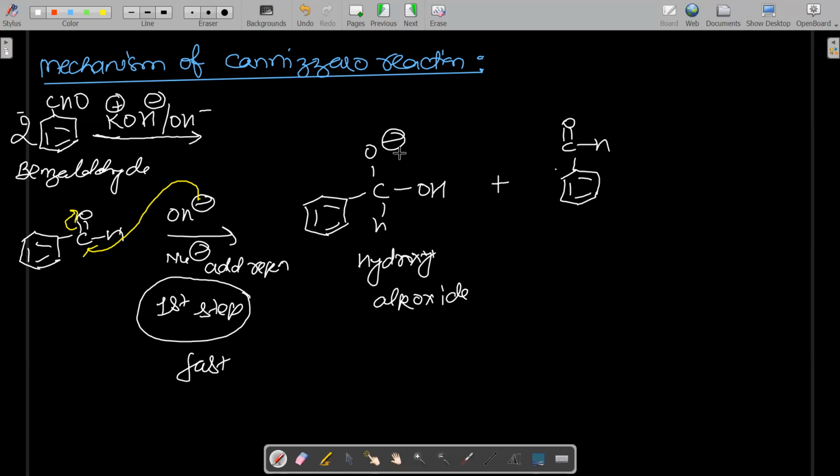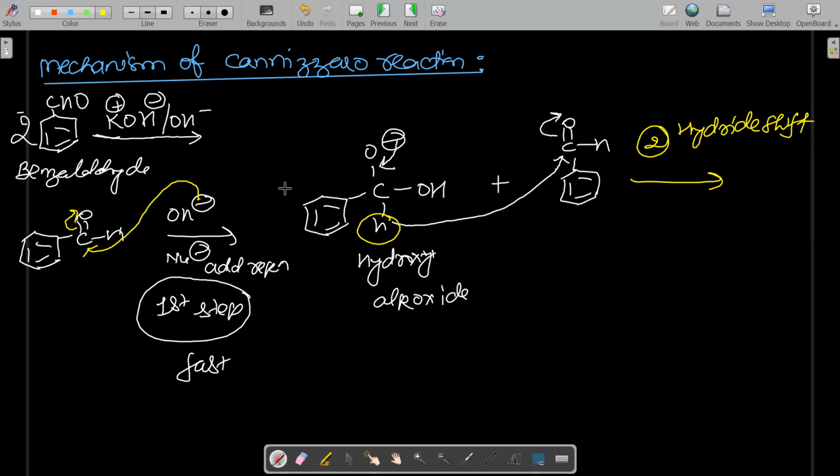This O minus negative charge, the lone pair goes to the oxygen, and this hydrogen shifts to this carbon, and this pi bond again shifts to oxygen. So there is a shifting of hydrogen, or we can say a shifting of H minus, which is called hydride. So this is the second step, and this second step is called the hydride shift reaction.